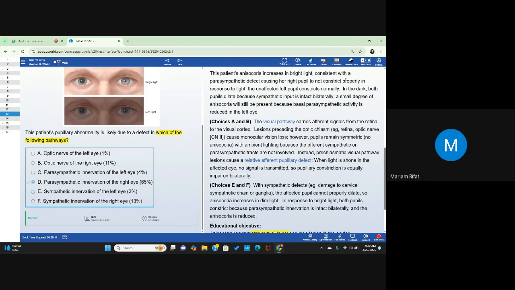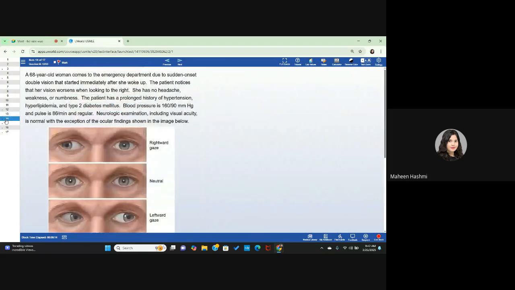Or tumors, like pituitary tumors, which could cause optic chiasm compression. It's a clinical thing that we do: when the light is shown in the affected eye, no signal is transmitted, and as a result the pupil constriction is impaired, due to the defect in the visual pathway. It occurs in conditions like multiple sclerosis as well. So you see RAPD in MS as well.